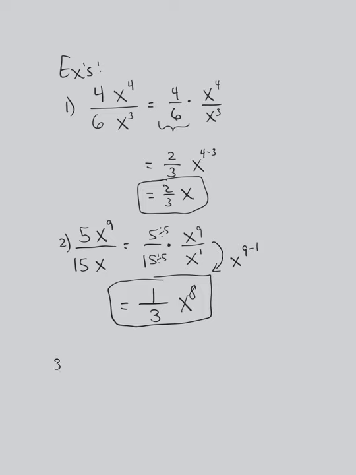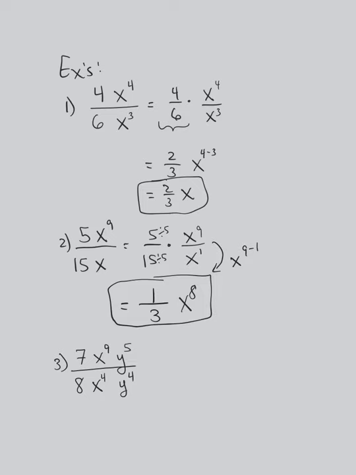Let's see one more example with several variables. Say I have 7x to the ninth, y to the fifth, and I want to divide that by 8x to the fourth, y to the fourth.